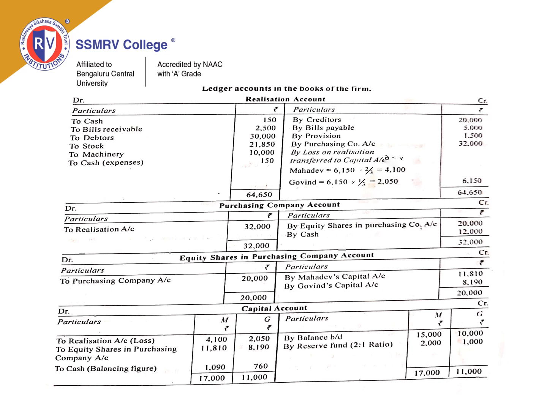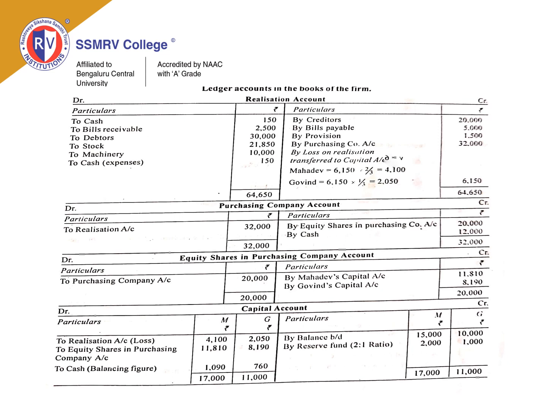Once the PC is calculated and discharged, the next step is closing the books of the vendor firm. So now the business of the vendor firm is taken over by the purchasing company. So the books of the vendor firm are to be closed because the vendor firm does not continue its business.